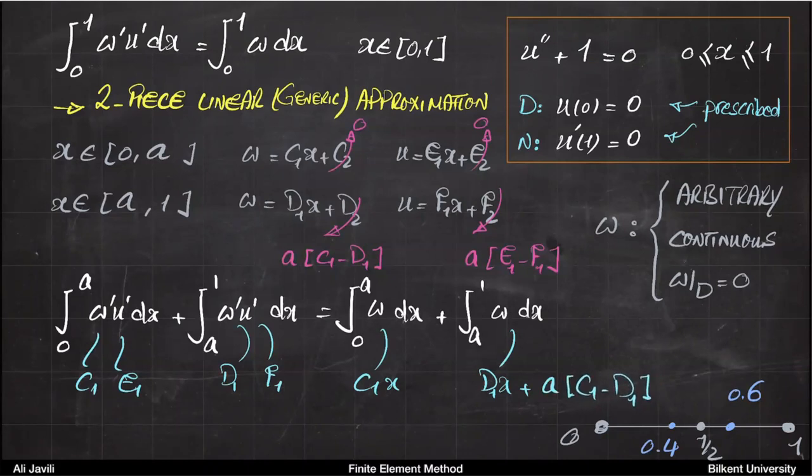Basically the point you are talking about is, let's say, here or here. It doesn't matter. It's just the distance A, and A is any number between 0 and 1.